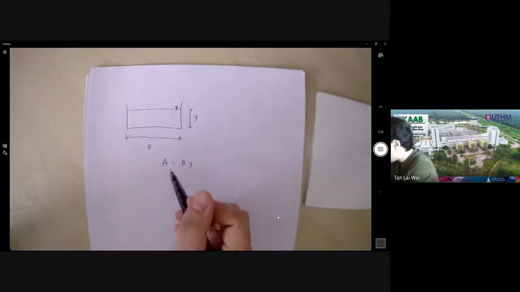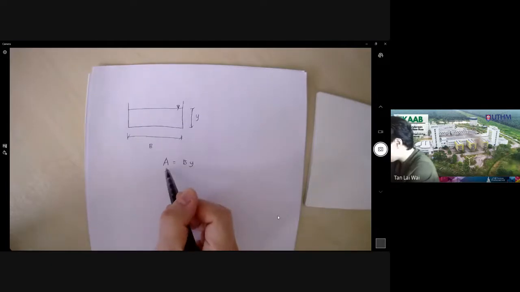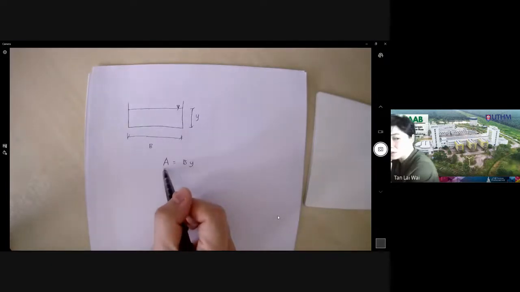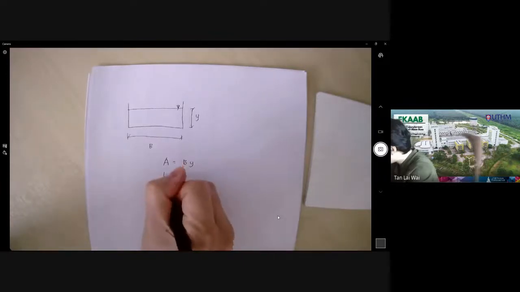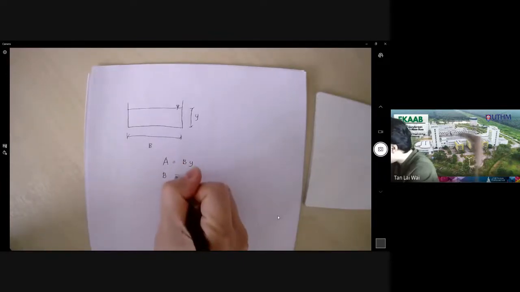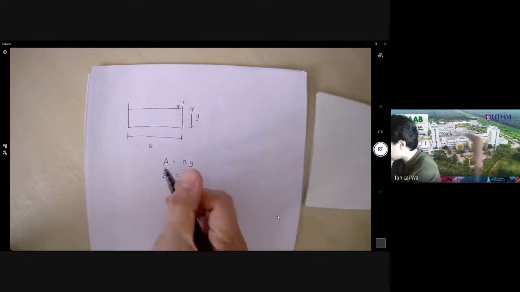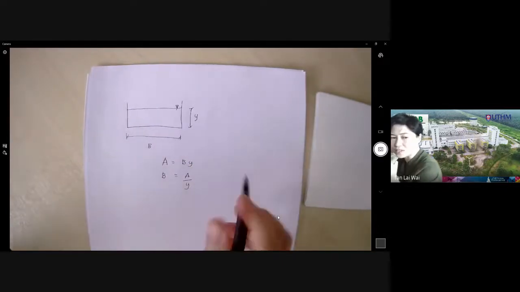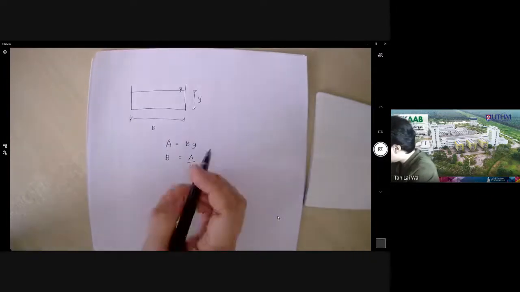What we are going to assume is that the flow area is constant. So I'm going to rewrite this as B equals to A divided by Y. It's the same formula, I'm just rearranging this.